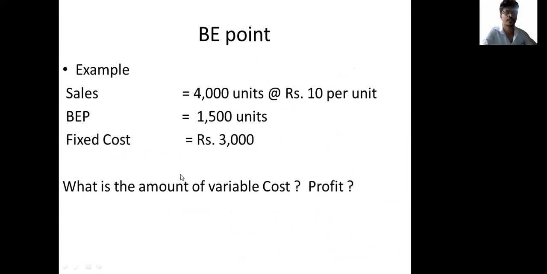Now this one: sales has been given as 4,000 units at the rate of 10 per unit, so the selling price is 10. Break-even point is 15,000 units.